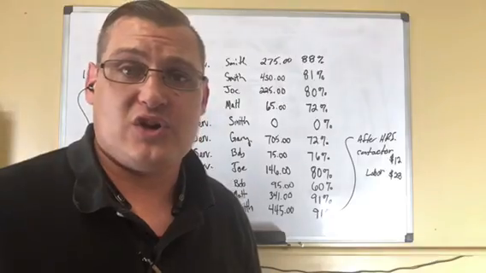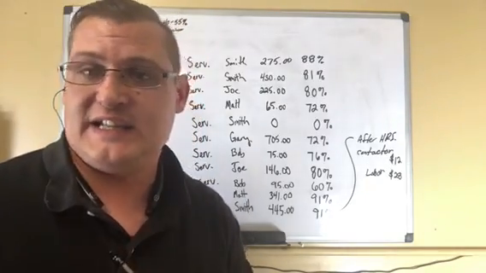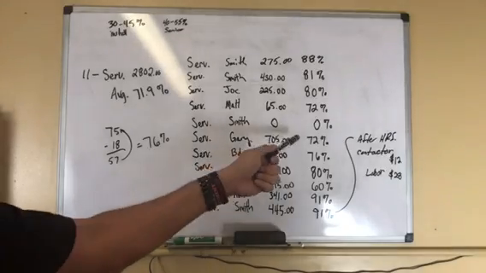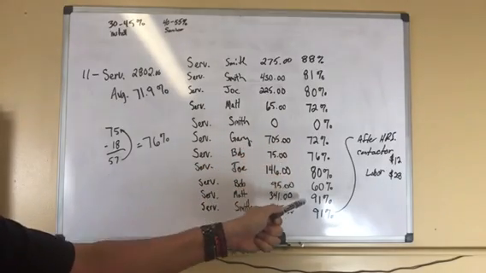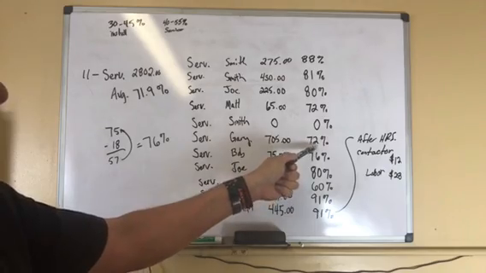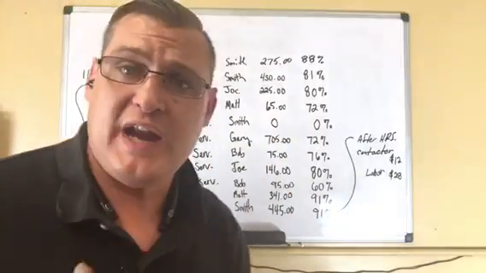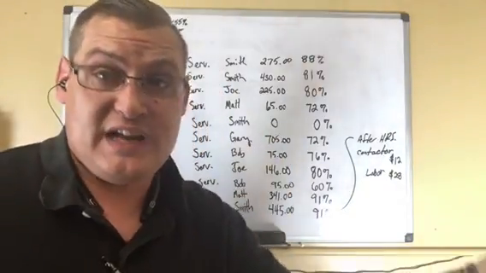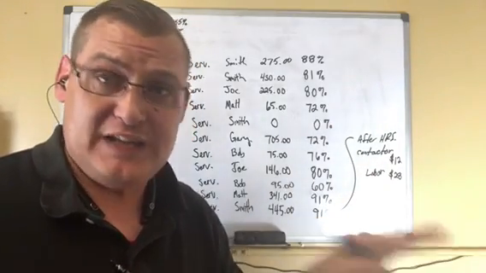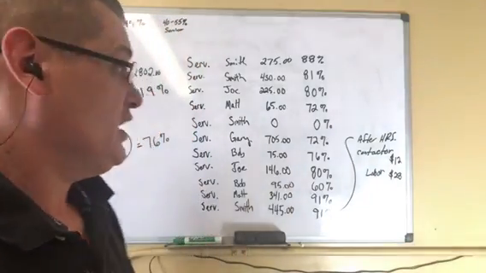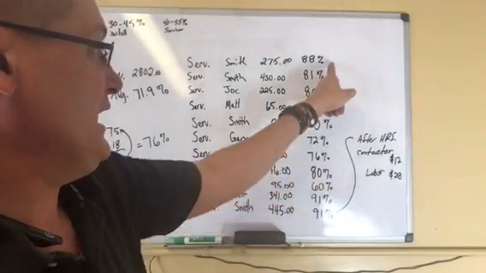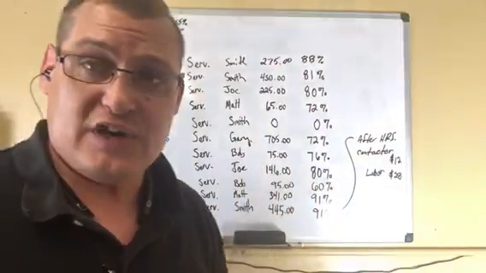We probably didn't charge and I didn't dig deep into it, so I'm not 100% sure. But when you look at these, the 72s, that's what we were kind of aiming for, but that included a diagnostic fee. So that means we didn't come out as good as we would have liked to on those service calls. But thankfully, we had other service calls that hit way above that to offset our average.